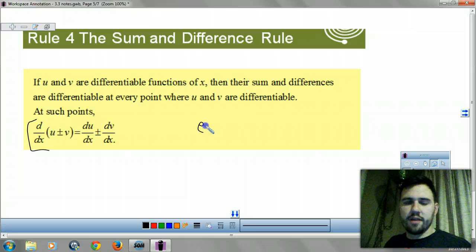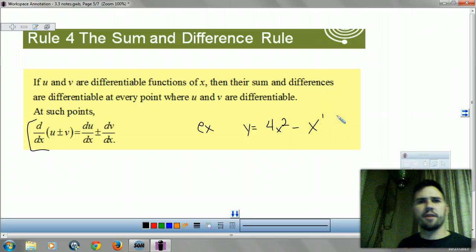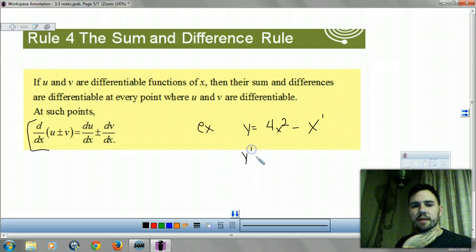For example, if y equals 4x squared minus x to the first power, because that's what x is, right? X is just x to the first power. And then y prime is, well, we can take them each and do them piece by piece.